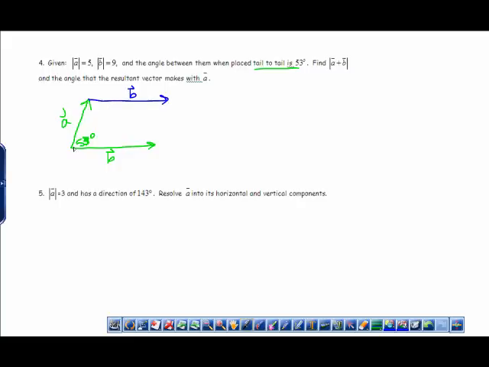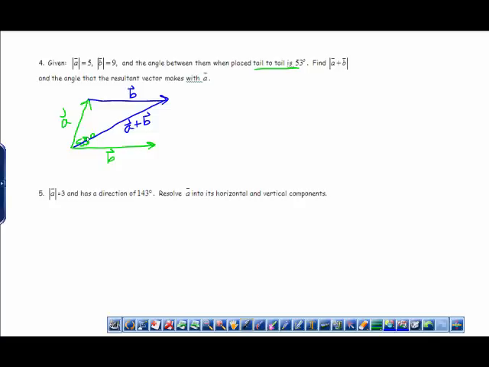But when I do this, okay, and I connect them to make my resultant vector, this 53 degrees is shattered. It's not cut in half, okay? That would happen if this were a square, but it wouldn't happen on all quadrilaterals. So we've got to use good knowledge. Now this is a parallelogram.